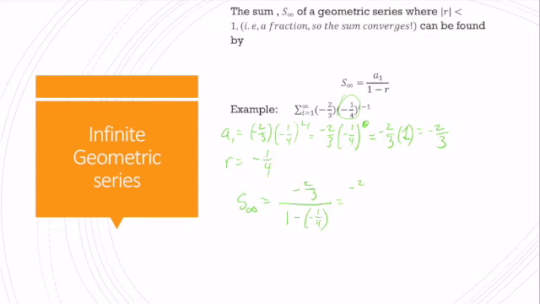So I have negative 2/3 over 1 plus 1/4, so negative 2/3 over 5/4. That's negative 2/3 times 4/5, right? We keep, change, flip. That gives me negative 8 over 15. I can't simplify that any further. So this infinite series converges to negative 8 over 15.